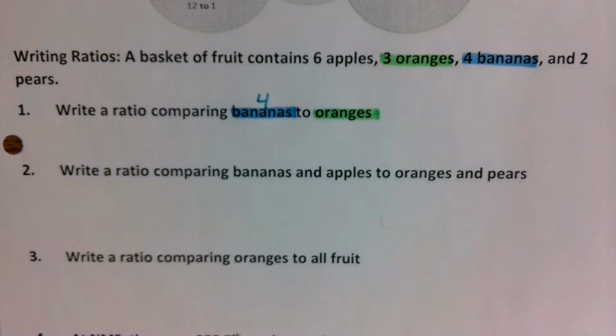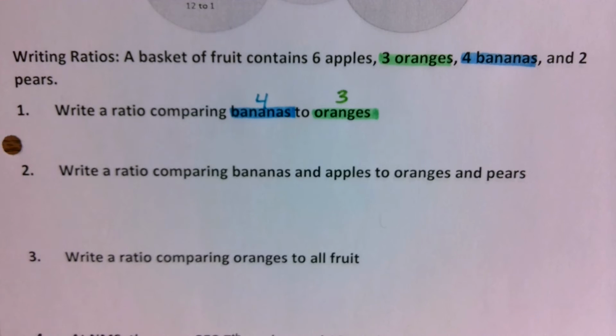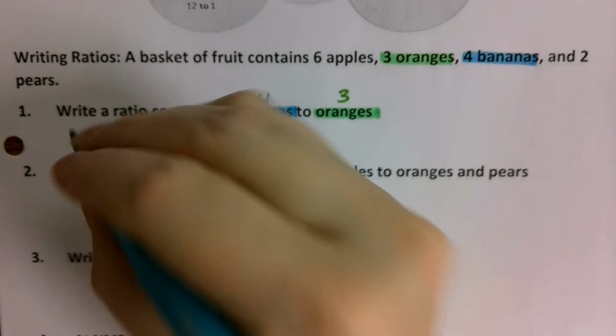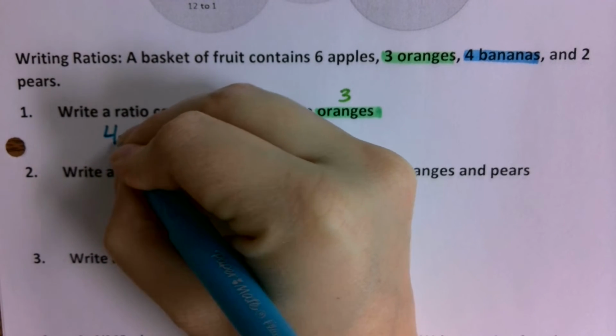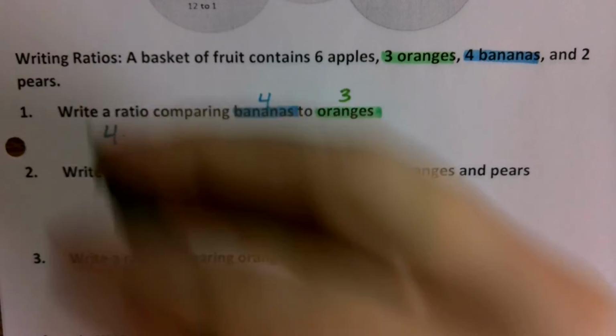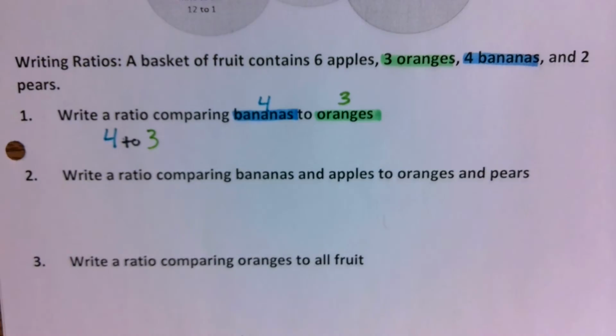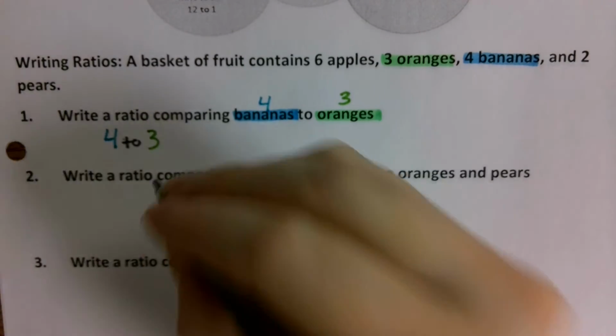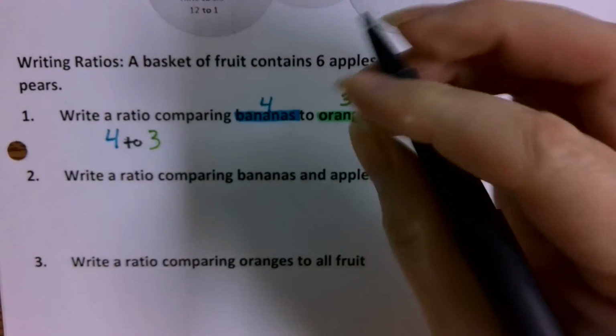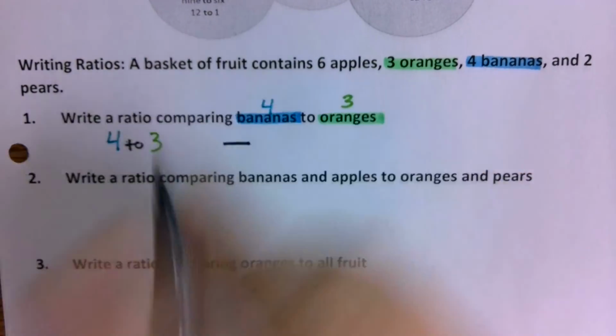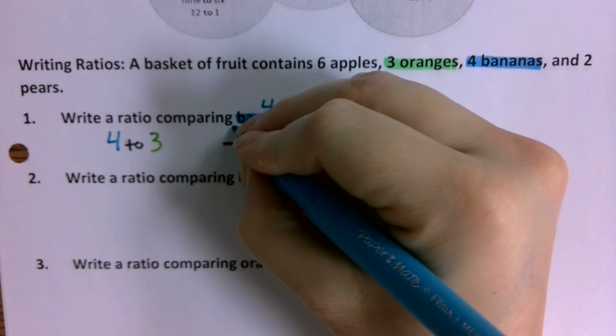So now remember, there are different ways that we can go about writing this. We could write it with the word to. We could write this as 4 to 3. Or we could write it as a fraction. We could write it as 4 over 3.